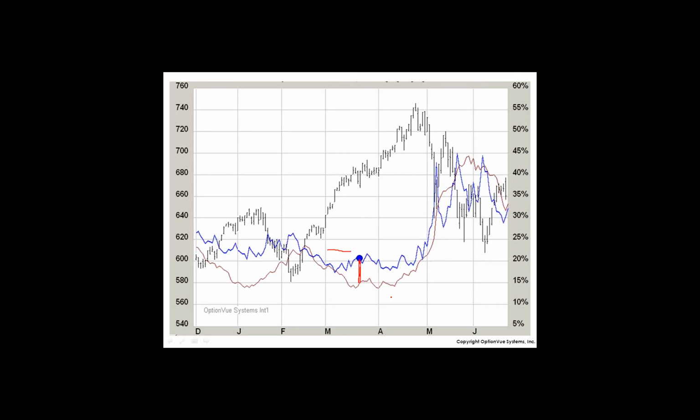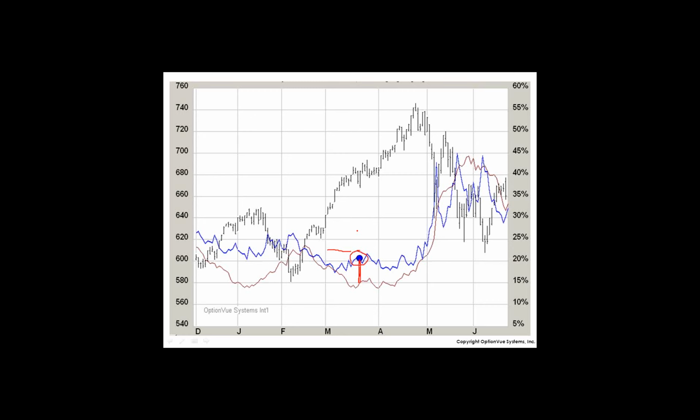Implied volatility, let me just throw this out. You don't have to type in your answer, just answer this to yourself. Implied volatility is the blue line, the implied volatility of the time premium in the options. Is implied volatility a predictor of the future, or is it a measurement of the past?